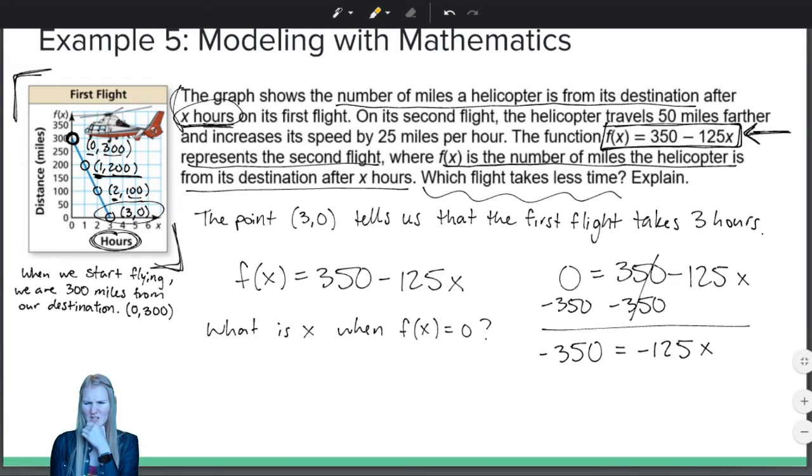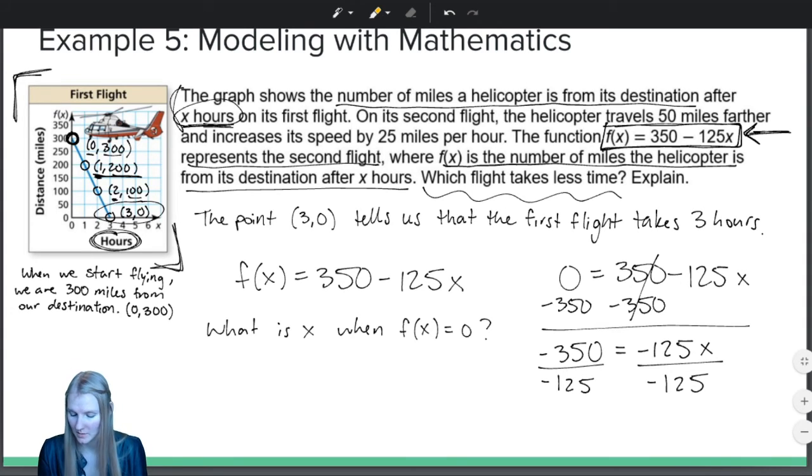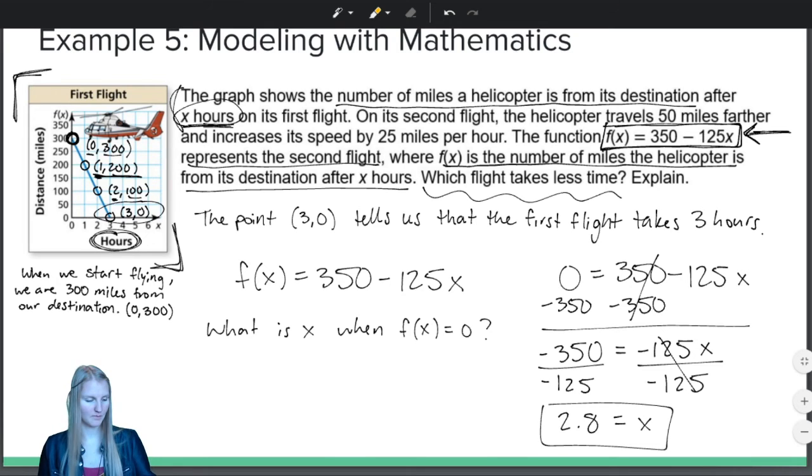How do I get x by itself? I'm going to divide by negative 125 on both sides, because I have negative 125 times x. Those will go away. And negative 350 divided by negative 125 is 2.8, so 2.8 equals x.